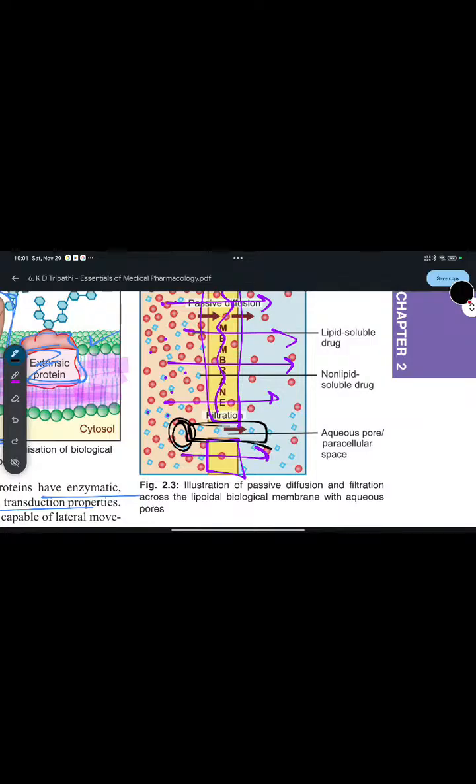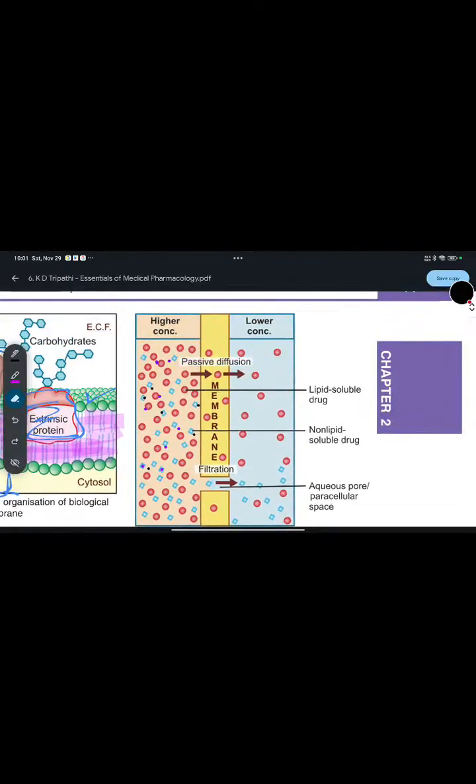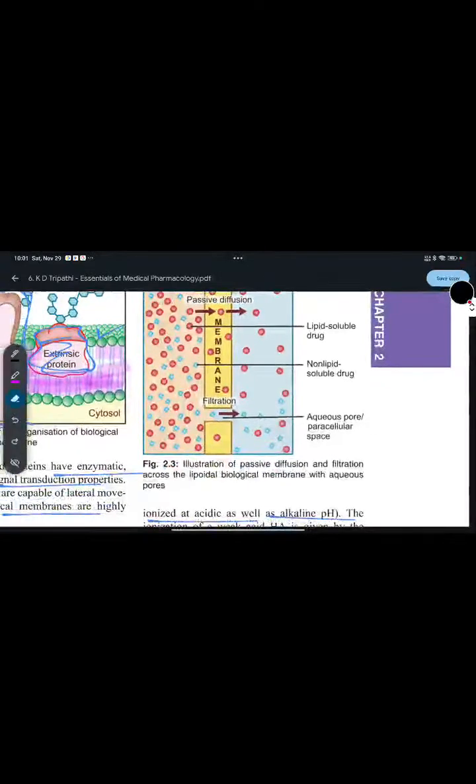Through this aquapore, the water soluble or non-lipid soluble drugs, the square shaped ones, are going from high concentration to low concentration. Ultimately, diffusion is the movement of substances from high concentration to low concentration through a semi-permeable membrane.